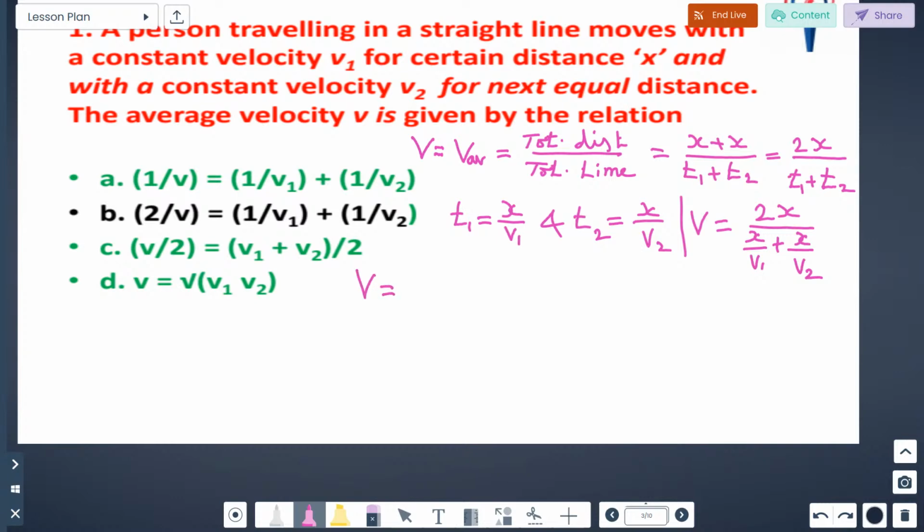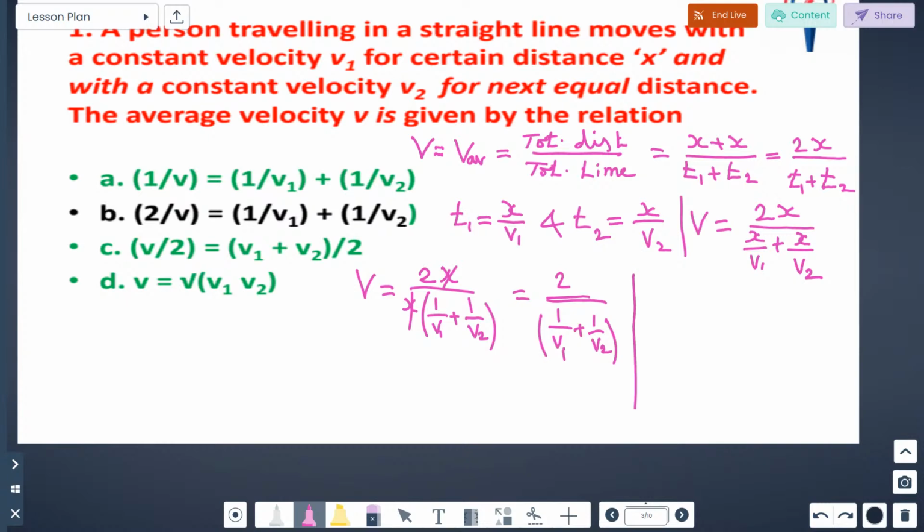V equal to 2x divided by x we have taken out into 1 by v1 plus 1 by v2. X getting cancelled. Then v equal to 2 divided by 1 by v1 plus 1 by v2. This term bring it to left side and take v that side.